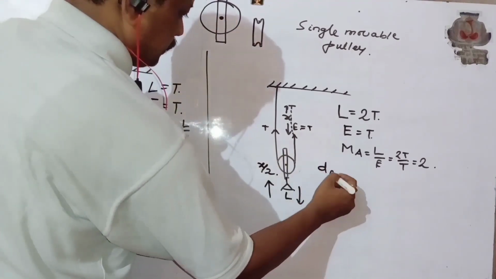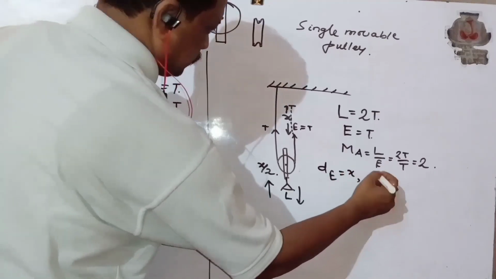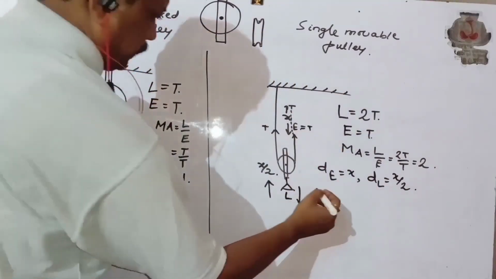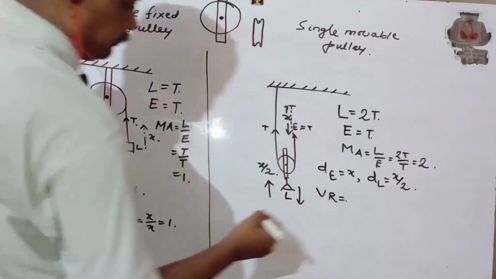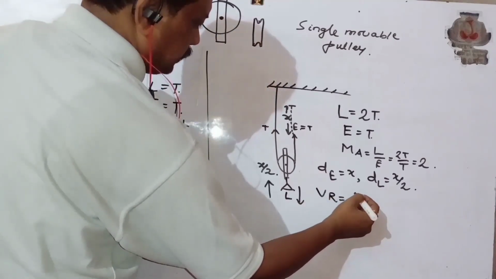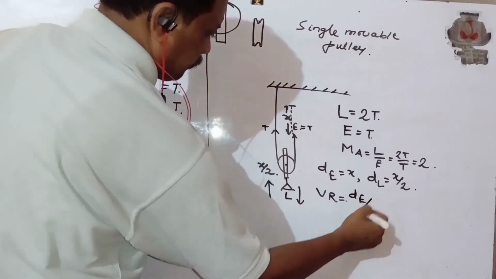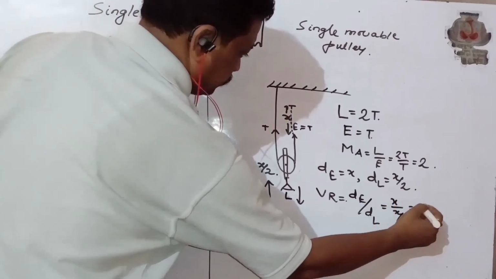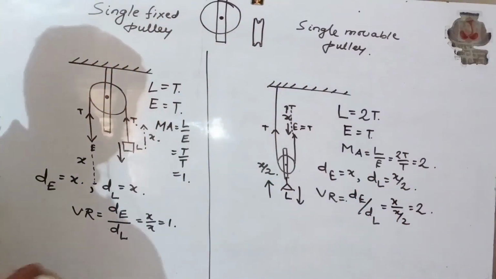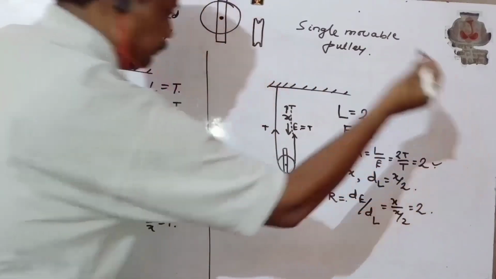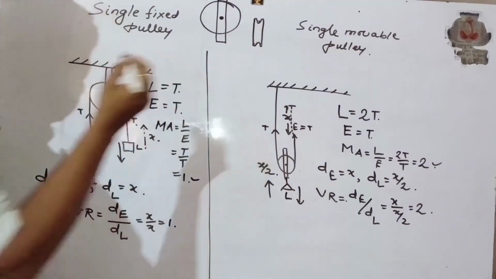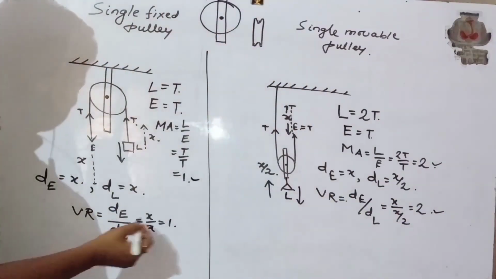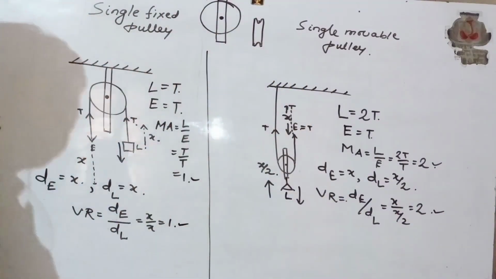So the velocity ratio of a single movable pulley is x divided by x by 2, that is equal to 2. So the mechanical advantage of a single movable pulley is 2 and of a single fixed pulley is 1. The velocity ratio of a single movable pulley is 2 and of a single fixed pulley is 1.